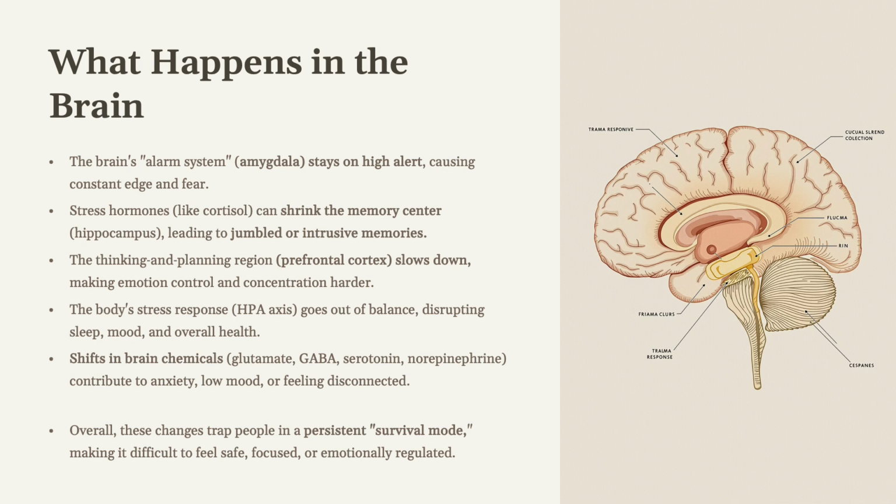That's where your alarm system is. But when trauma happens, the amygdala stays on high alert, causing the person to feel as if they're in a constant state of survival, constantly on edge, constantly in fear. It's like the alarm is just going off, going off, going off.